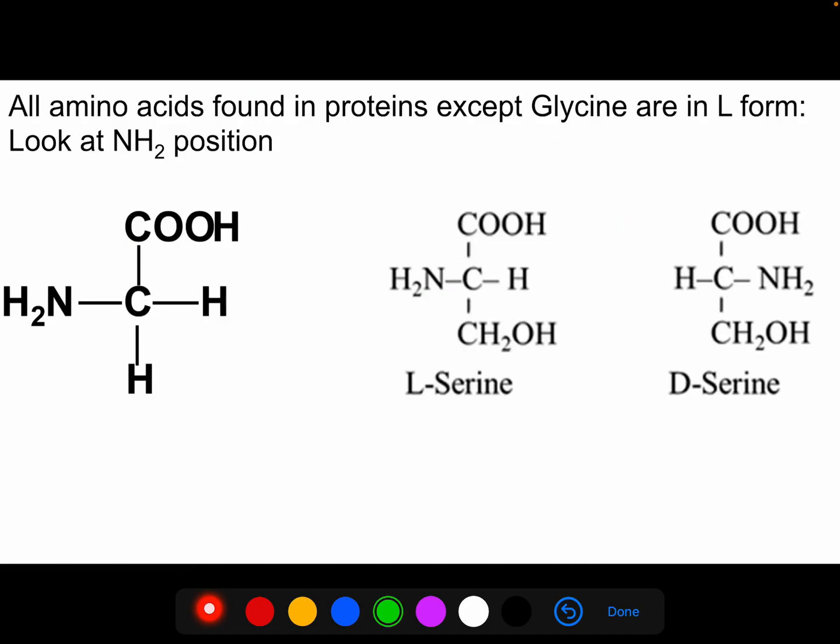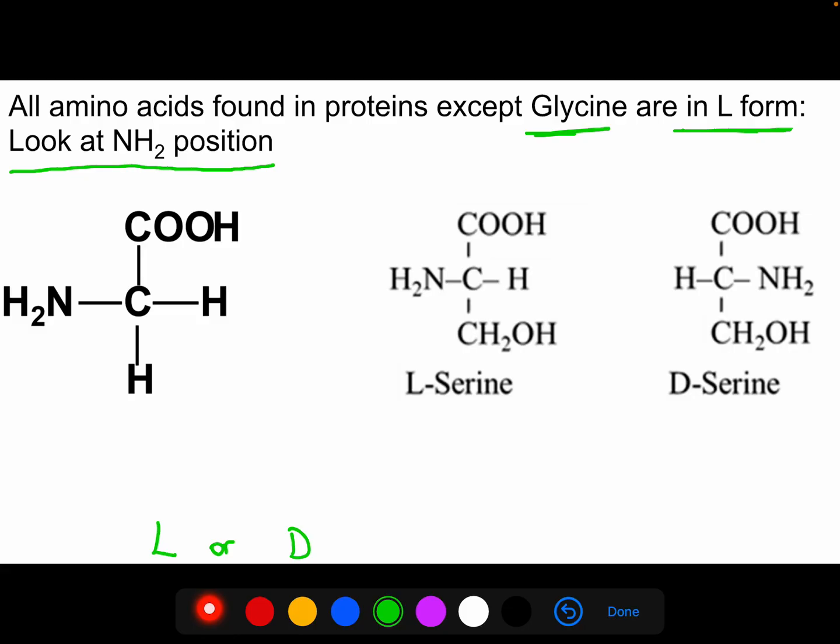All amino acids found in proteins except glycine are in the L form. Remember we talked about the L or D enantiomers? For the sugars, we looked at where the OH is located. For the amino acids, we are looking at the position of the NH2. If the NH2 is on the left, it's an L form.